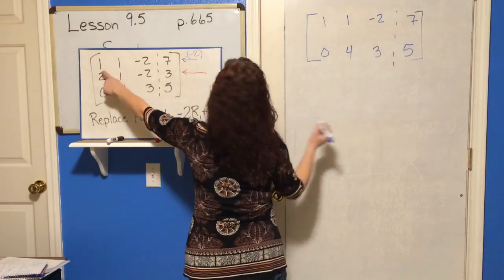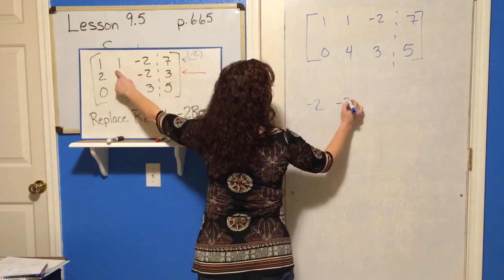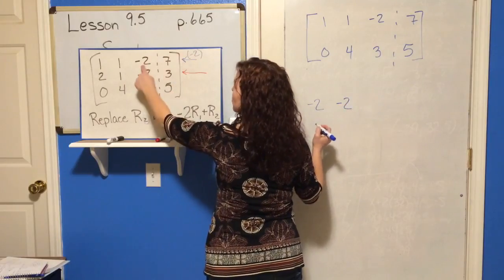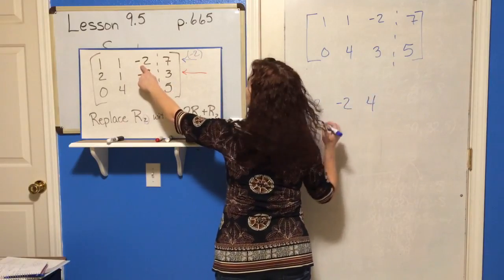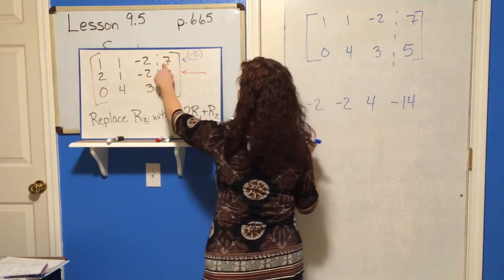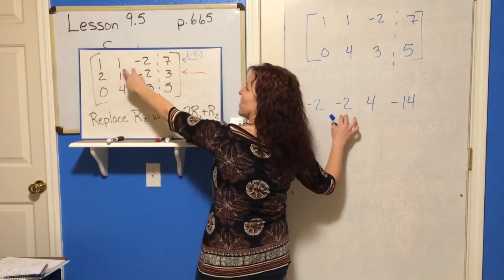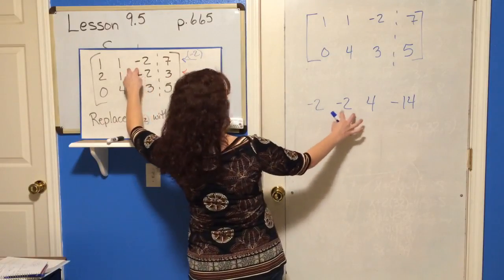So -2 times 1 is -2. -2 times this one is -2. -2 times -2 is a +4. -2 times 7 is -14. So that's -2 times row 1.